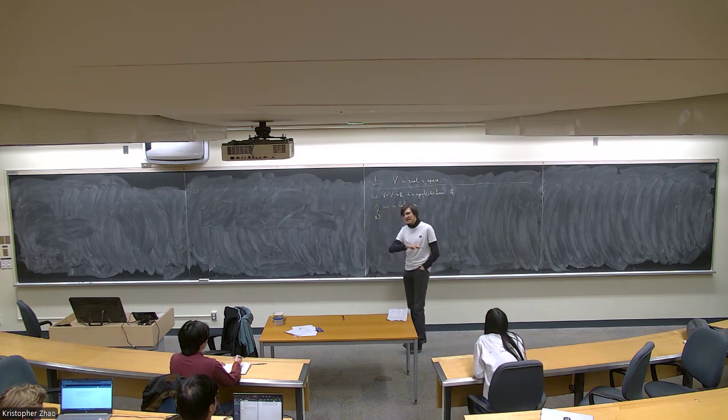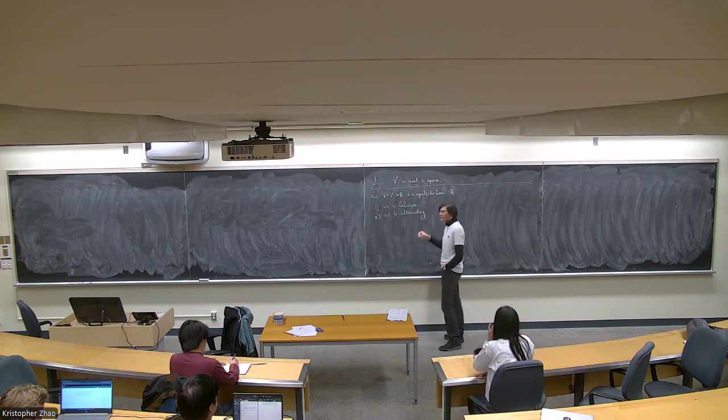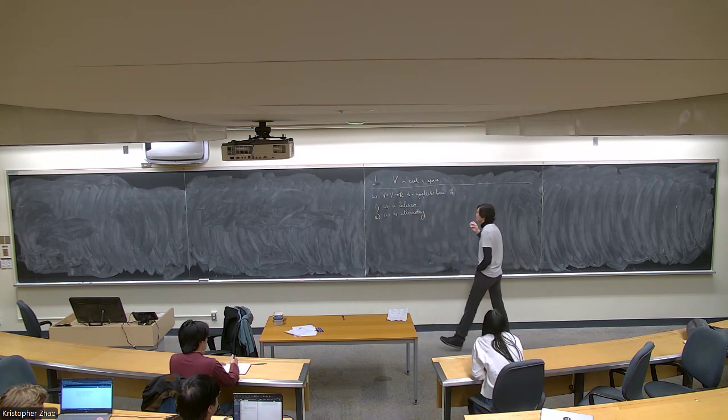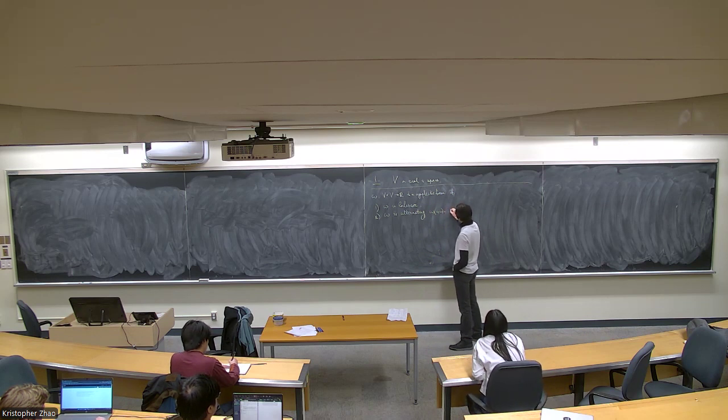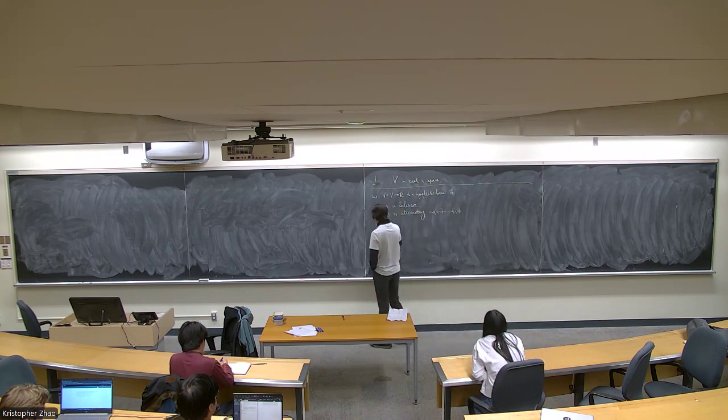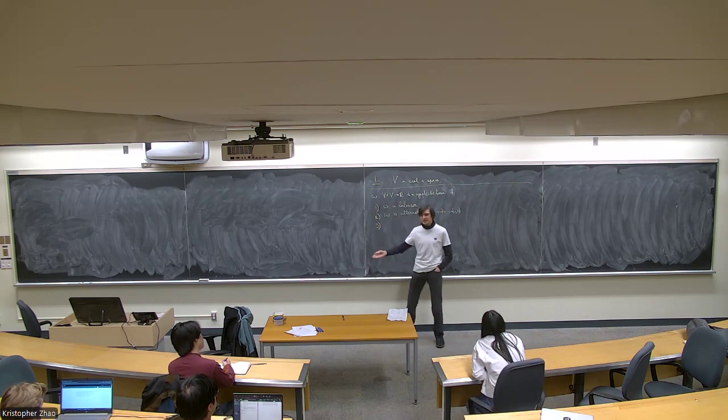Two, omega is alternating. That is, if you take any two vectors v, w of V, you'll get this alternating property. And the third requirement is that omega is non-degenerate.